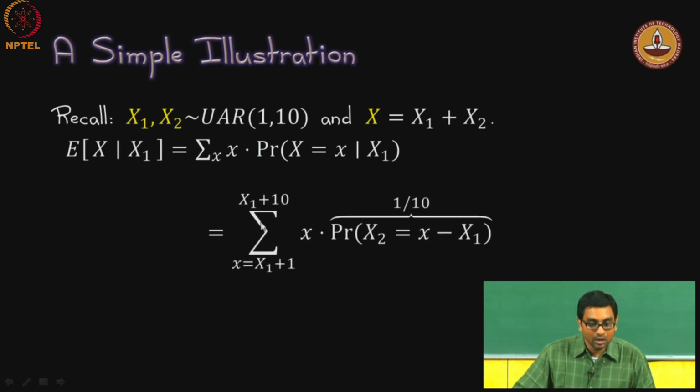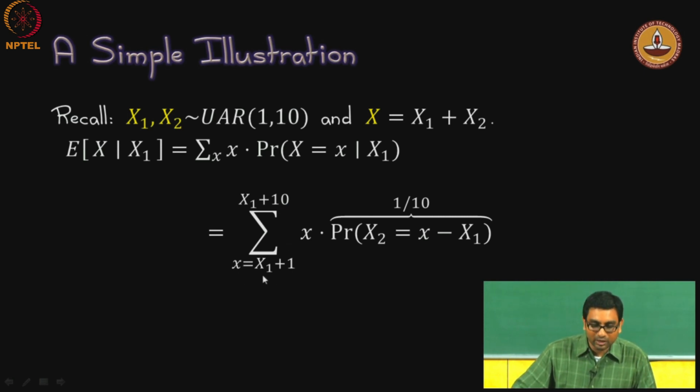Now, what are the values that this uppercase x can take? Well, it is hinging on x1. Whatever x1 takes, x can take a value x1 plus 1 all the way up to x1 plus 10.